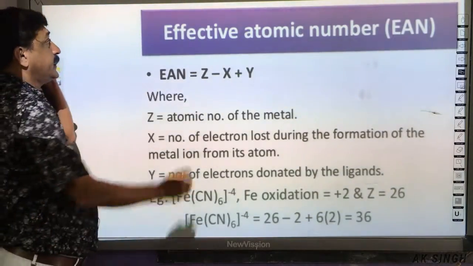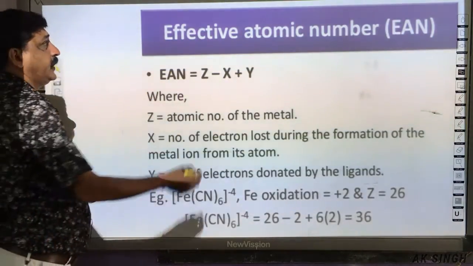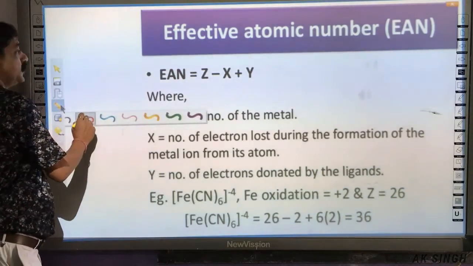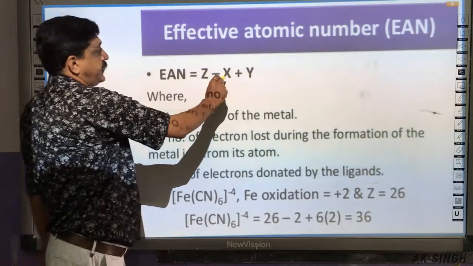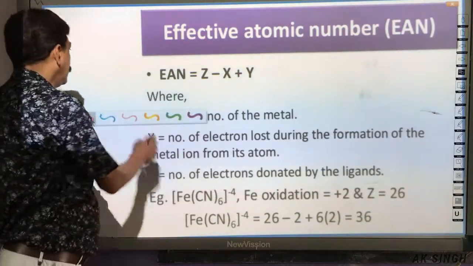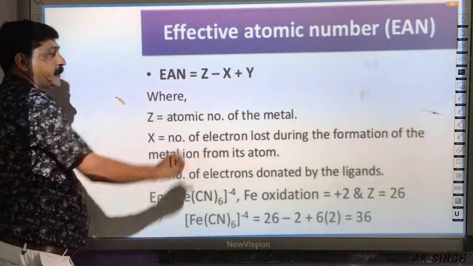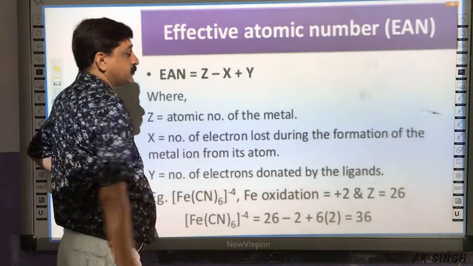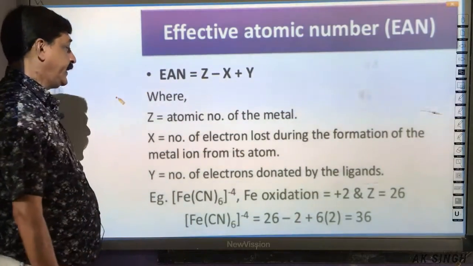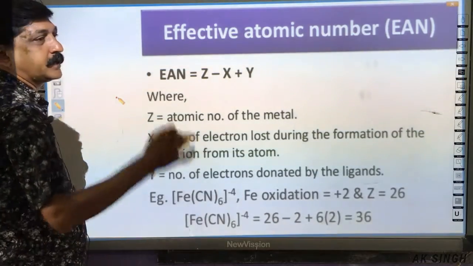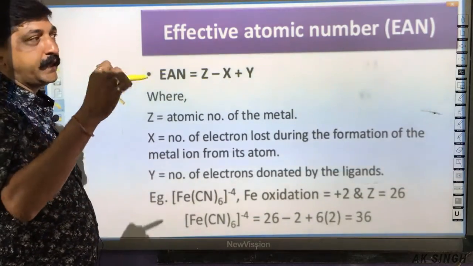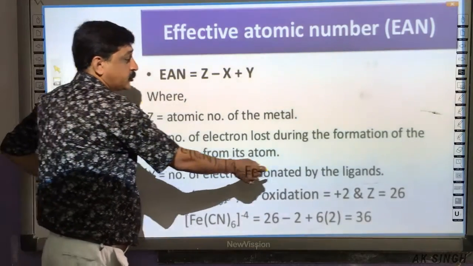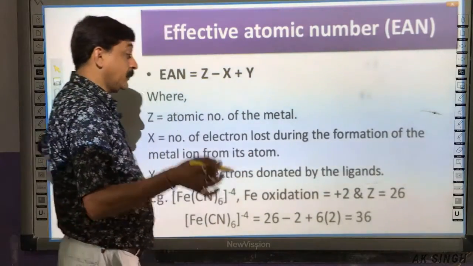And the last, to calculate the effective atomic number by using this formula, EAN is equal to Z minus X plus Y, where Z is the atomic number of the metal, X is the number of electrons lost during the formation of the metal ion from its atom, like Fe, Fe2+, Fe3+. Y is the number of electrons donated by the ligands, total number of electrons.